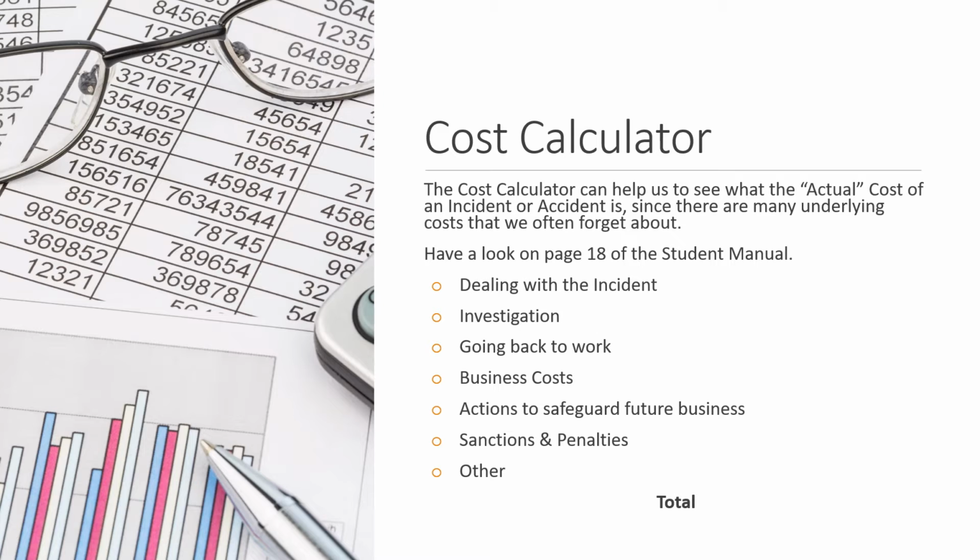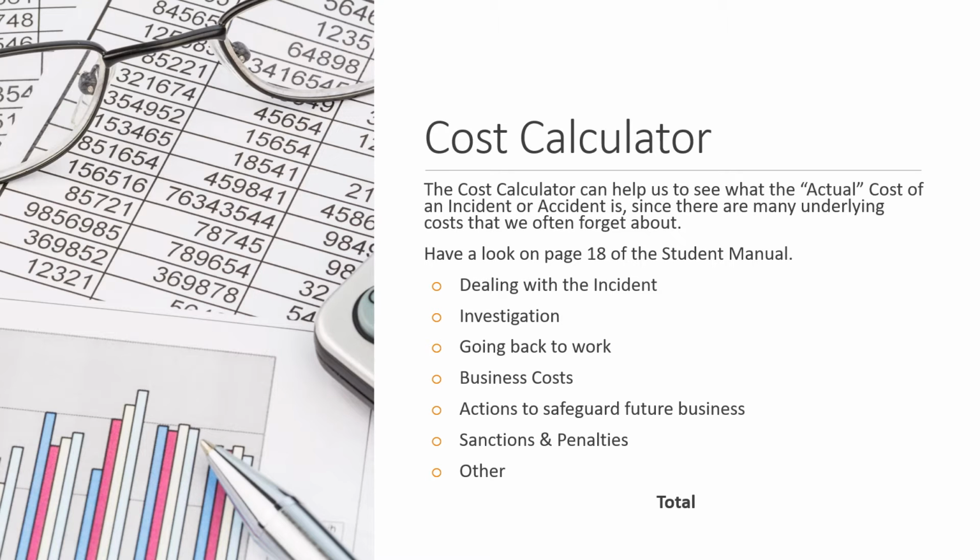Then going back to work, assessing and rescheduling work, recovering work or production, cleaning or disposing of waste, product reworking, repairing damage, or hiring and purchasing tools and equipment. Each of these has a time spent allocation as well as a cost associated with it.